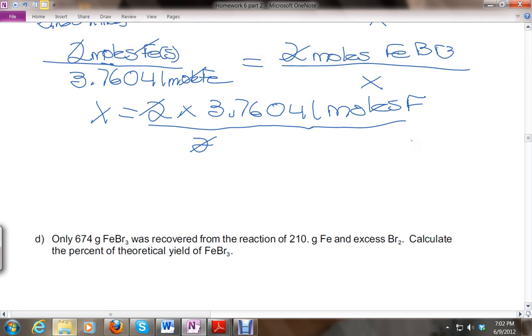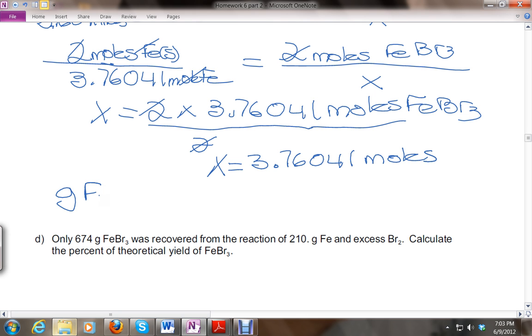I waste so much time, but I want to go faster and I can't. Br3. So the moles of iron bromide would be equal to 3.76051 moles.